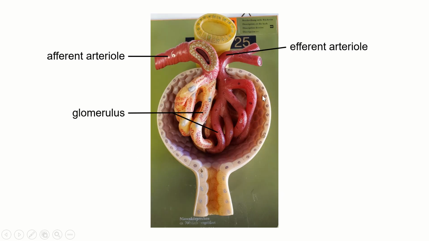Okay? Here's the glomerulus. Here's the afferent arteriole and the efferent arteriole. Notice that the afferent arteriole is wrapped in smooth muscle. It also has this wackadoodle group of cells on it that we will come back to later. And then in the glomerulus here, what they're showing is this side is the fenestrated capillaries. You can see those little dots. Those are actually the holes, the pores in the capillaries.